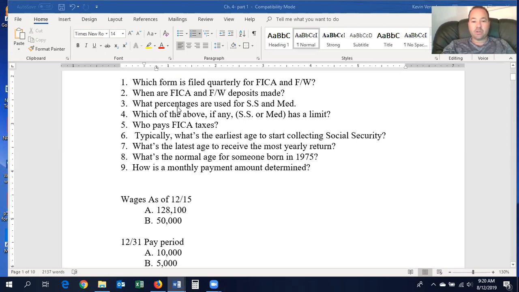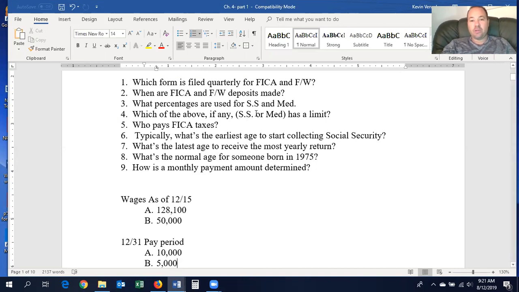All right, what percentages are used? This is definitely something you should have memorized for this class and for accounting in general. Social Security is 6.2% and Medicare is 1.45%. Social Security is the only one with a cap, and for the year 2019, it is $132,900.